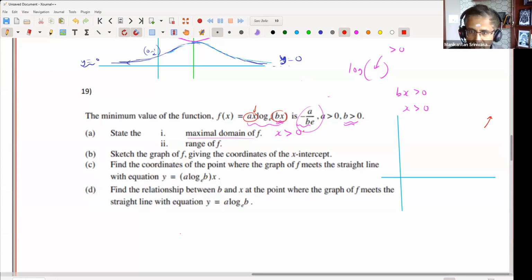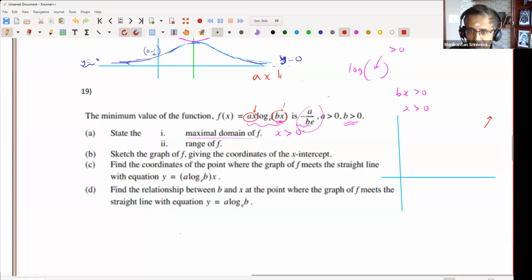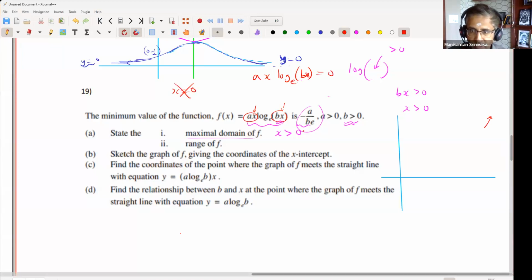Now, where will it cut the x-axis? It will cut the x-axis when ax times log of bx to the base e is 0. One possibility is x being 0, but that's ruled out because we clearly said the domain is x greater than 0. The other possibility is log of bx being 0.